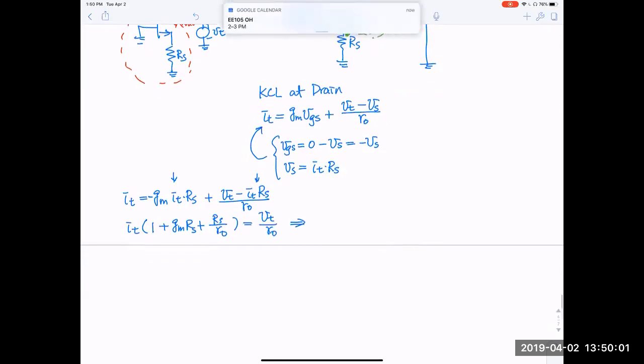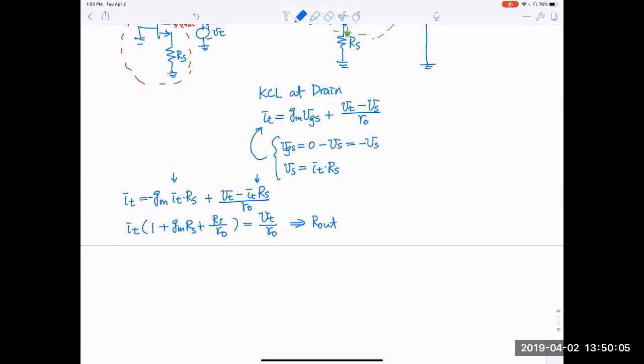So R out will be equal to VT divided by IT, and this is equal to, multiplying R0 to the left-hand side, R0 plus GM RS R0 plus RS.